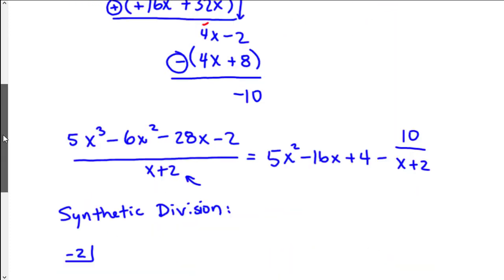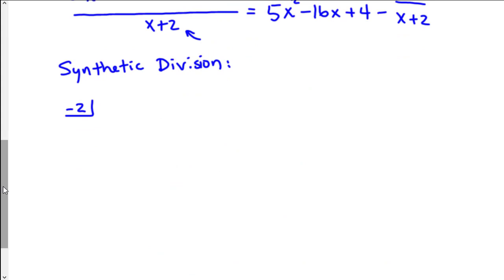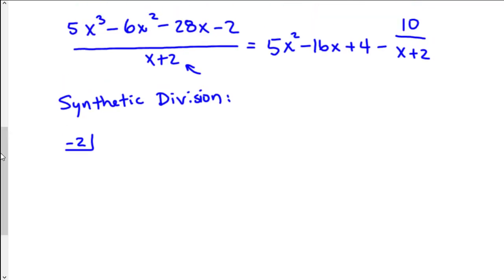If I divide using a negative 2 instead, that's just taken care of. I don't have to worry about remembering that. Now I'm going to take the coefficients of my original polynomial: 5, negative 6, negative 28, and negative 2. I'm just going to write those in a line. Now, in performing this, I'm going to do this right here.